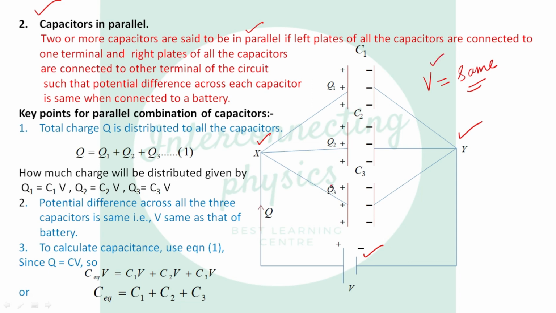Charge gets divided. So let us suppose we have three capacitors C1, C2, C3.